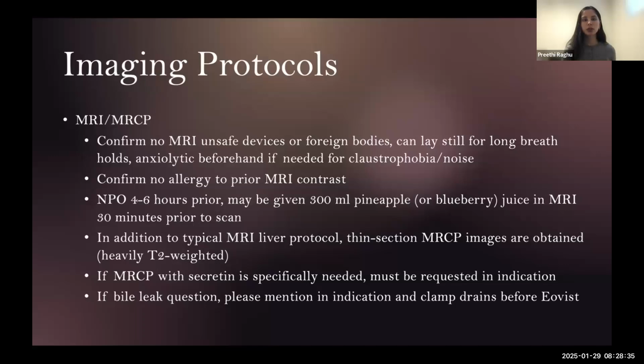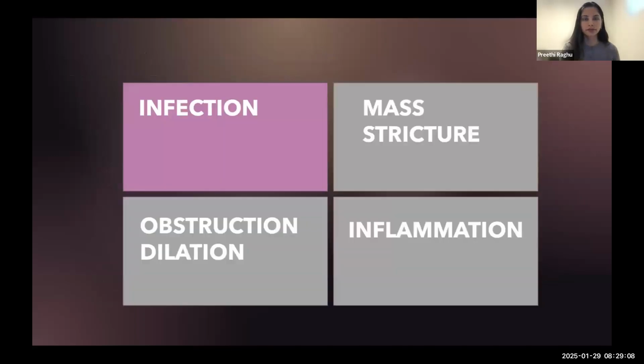So instead of giving our usual MRI contrast, Gadavist, we'll give a different contrast agent called Eovist, which is not only a vascular contrast agent, but it also will get excreted through the bile ducts and allows us to see the bile ducts and acts like a cholangiogram essentially. But if there are drains that are unclamped, then it'll just preferentially go out those drains and we may miss a small bile leak. So that's something we're always careful about when we image for that reason.